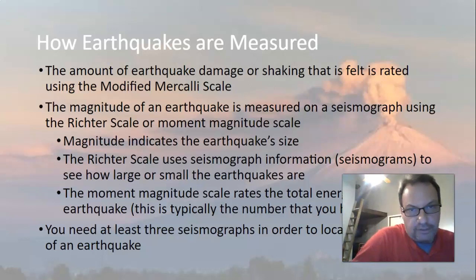The magnitude of an earthquake is measured on a seismograph using the Richter scale or the moment magnitude scale. The magnitude is nothing more than the earthquake's size. If you think about the magnitude of a situation, that would be the size of the situation. The Richter scale uses the seismograph information to see how large or small the earthquake is.